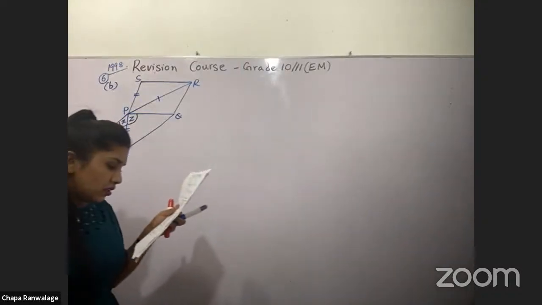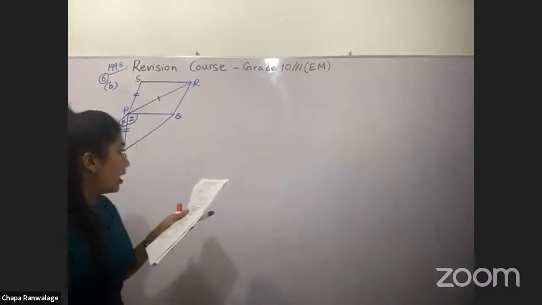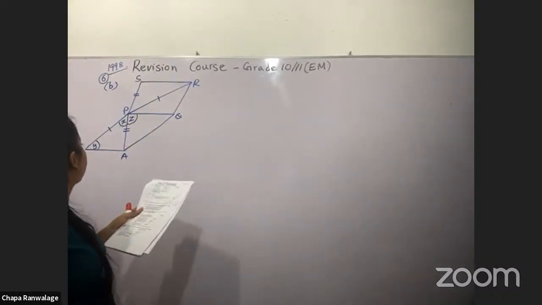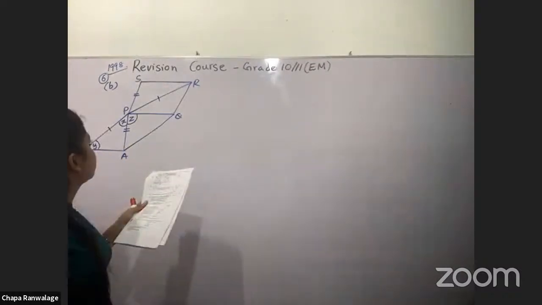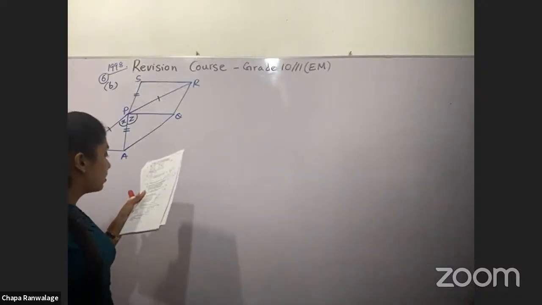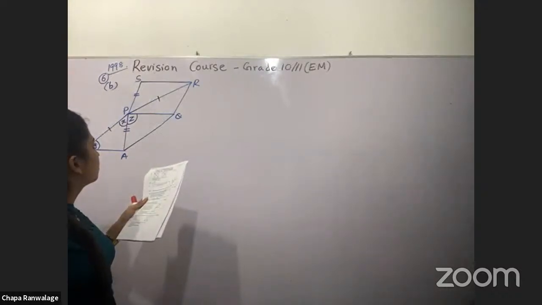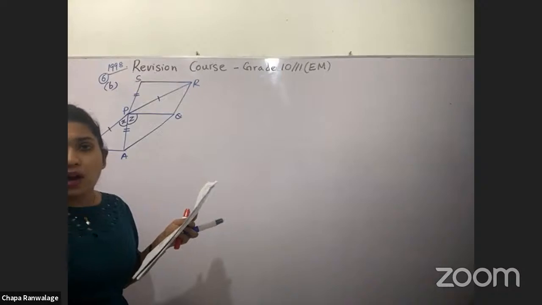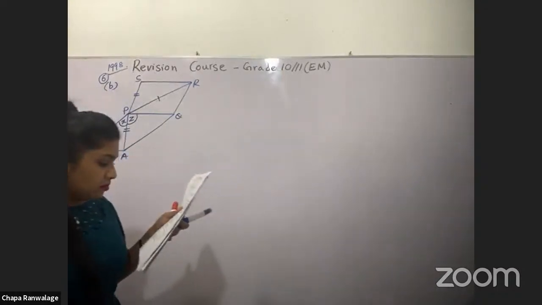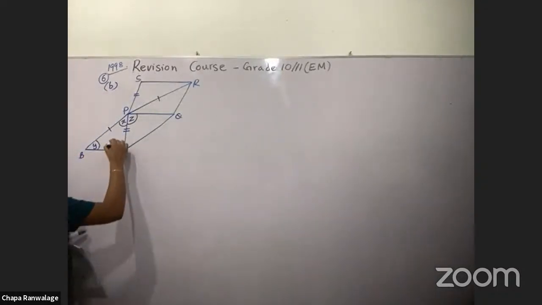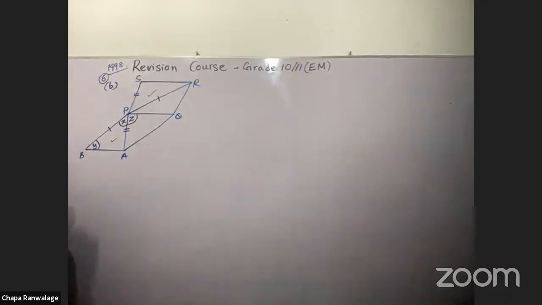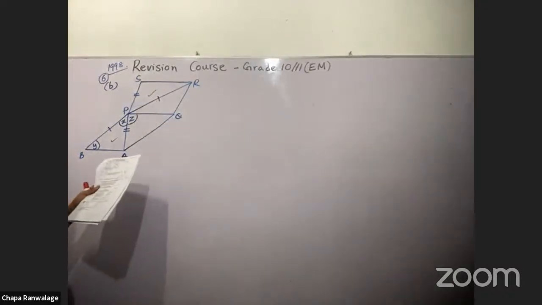In the first question, you have to prove that PBA and PRS are congruent. So how can we prove it? PBA and these two, PRS.